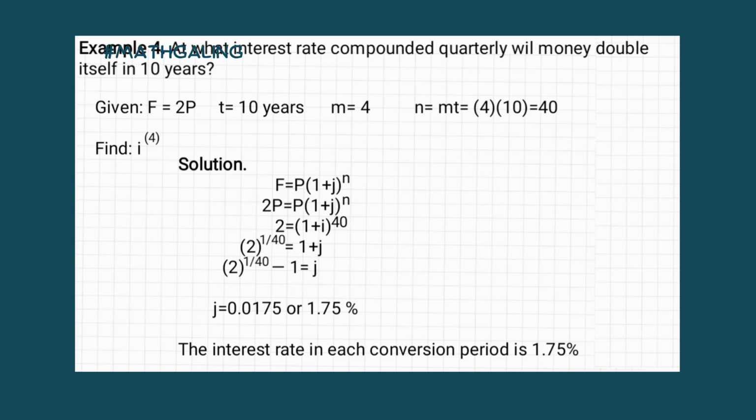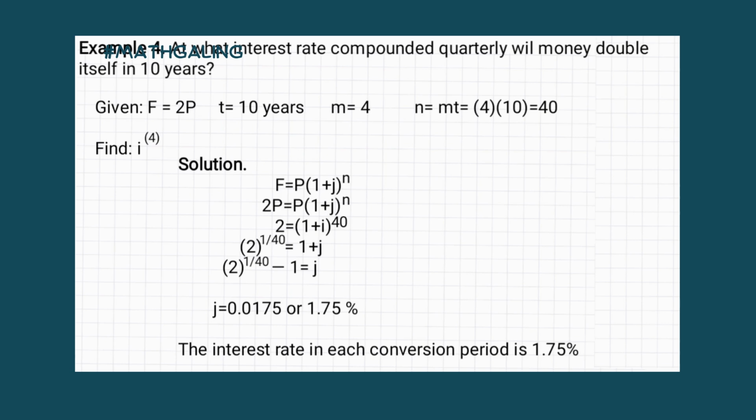So 2 raised to the power of 1 over 40 is equal to 1 plus g, and 2 raised to the power of 1 over 40 minus 1 is equal to g.